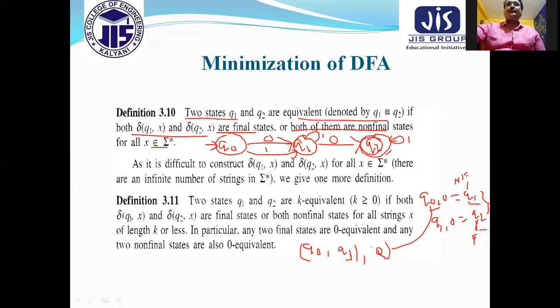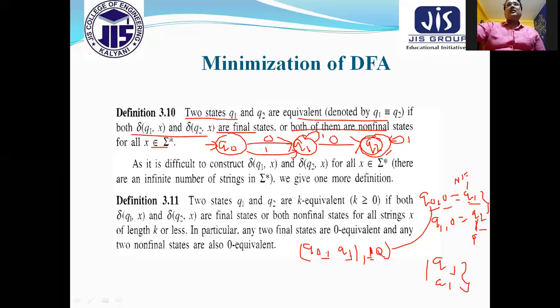Q0 on 1 goes to Q1, and Q1 on 1 goes to the same state. Both of them are non-final, so they are equivalent for the input 1, but not equivalent for the input 0.